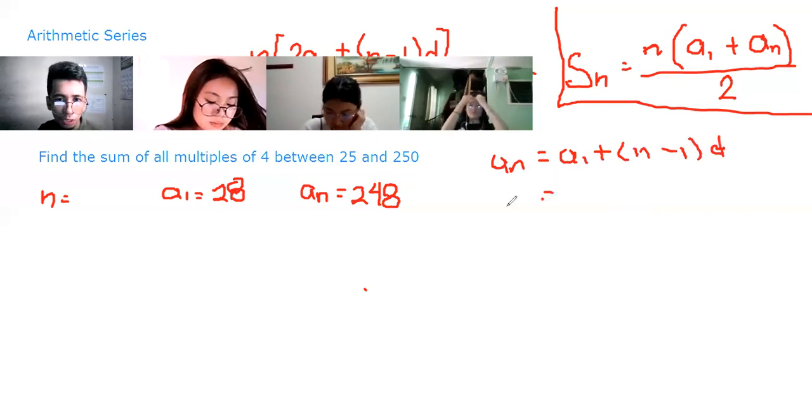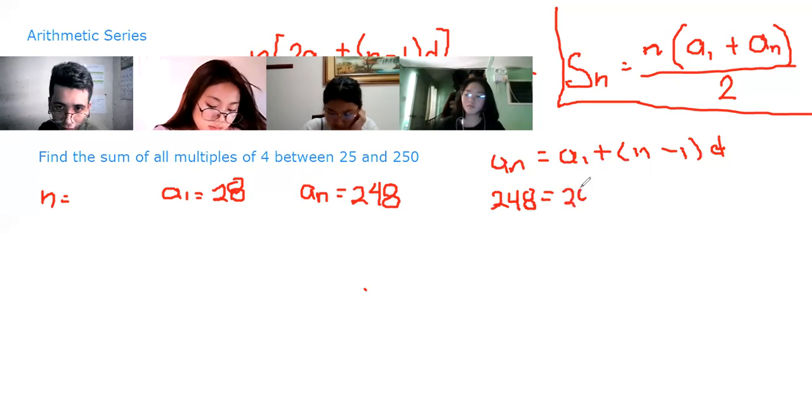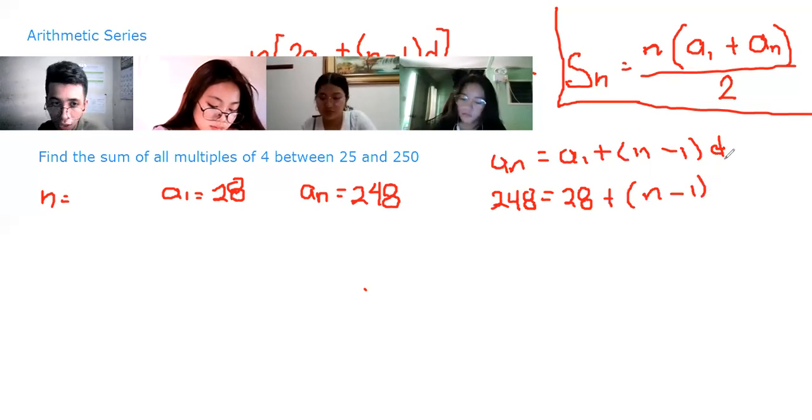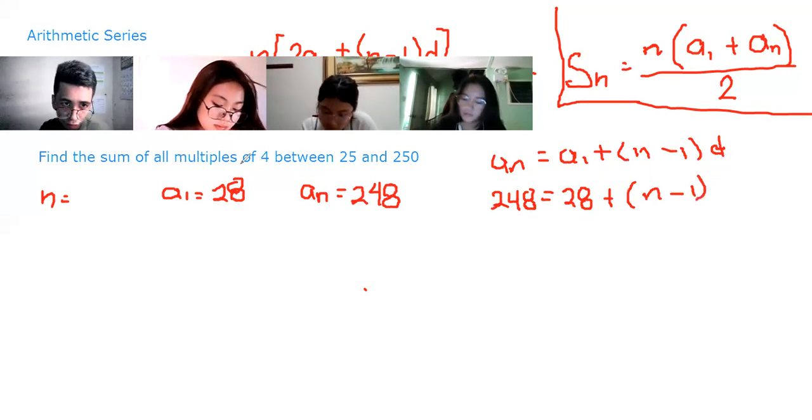So, we have ang a sub n natin, that is 248, di ba? Then, a sub 1 is 28. Then, plus ang n natin, what is our n? So, unknown pa yung n natin. Minus 1. Then, ang d, since this is a multiples of 4, it means every sequence have an interval of 4. Diba? 4 ang interval nila. So, ang ating difference din is 4. Common difference is 4.